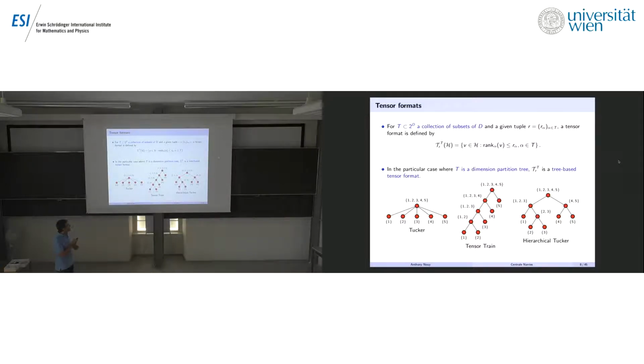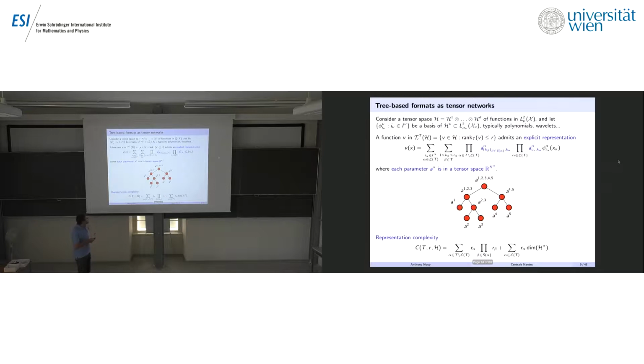And in the particular case where T, the collection of groups of variables you choose, is structured as a tree, as a dimension tree, we call the format a tree tensor format, a tree-based tensor format, or tree tensor networks. The word tree tensor networks can be seen from the following slide here.